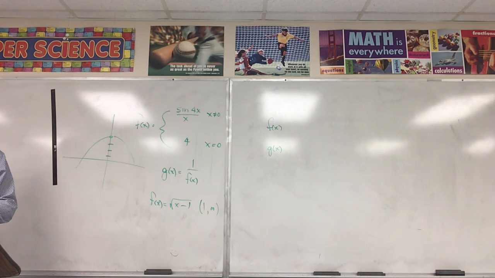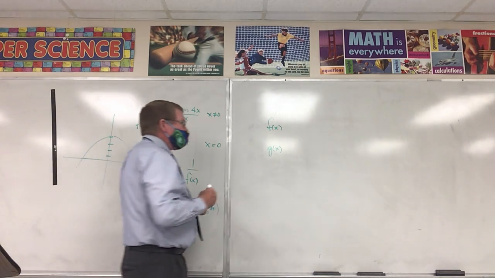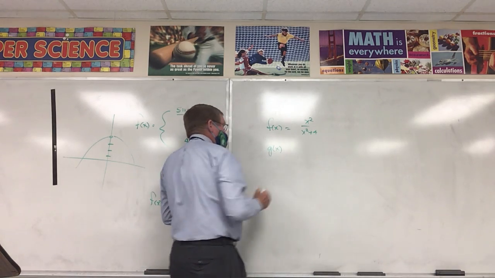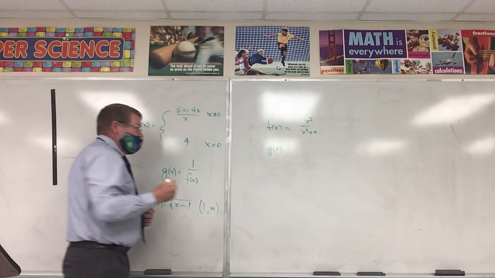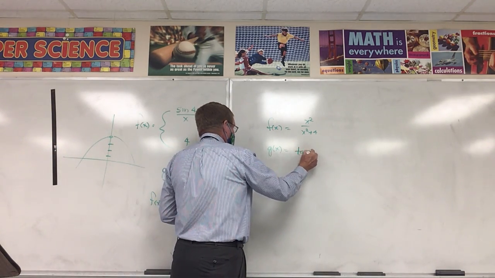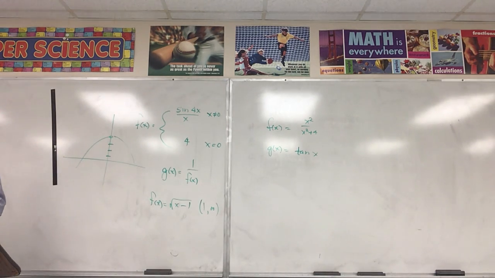I guess tangent. x squared over x squared plus 4? Okay. And g of x is tangent x.